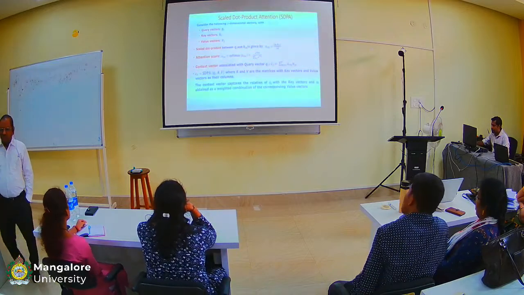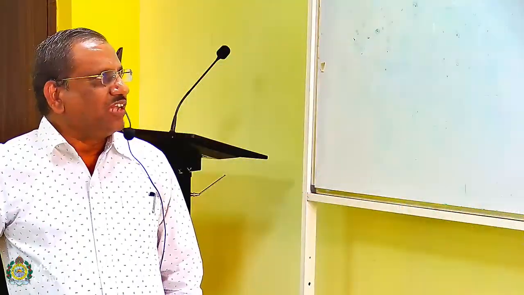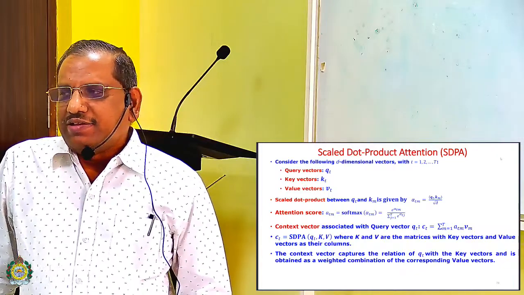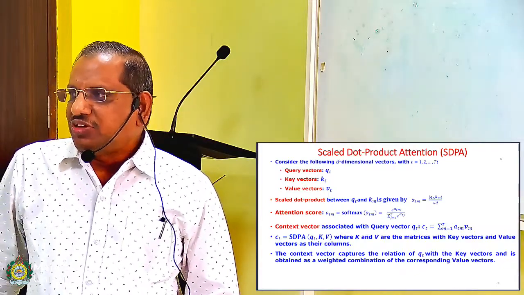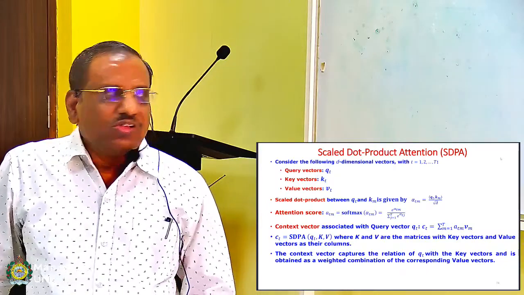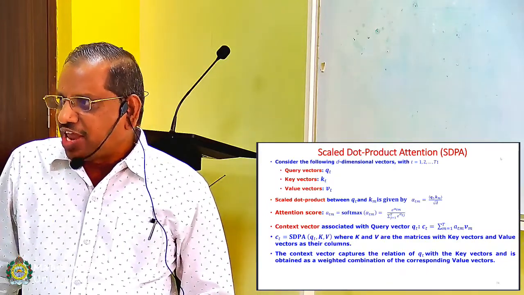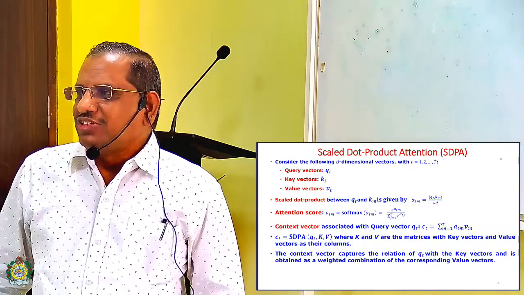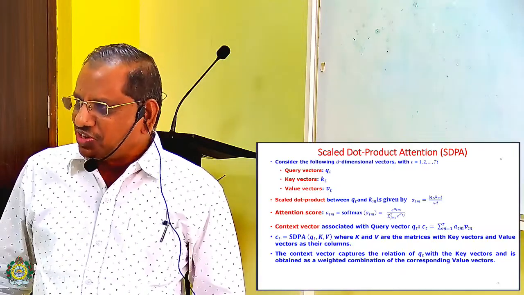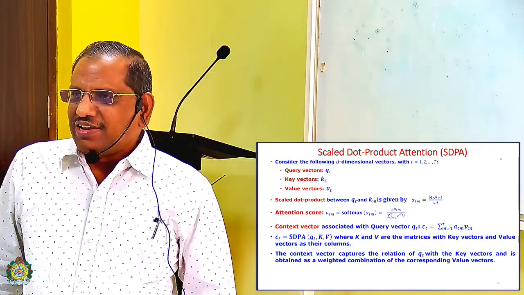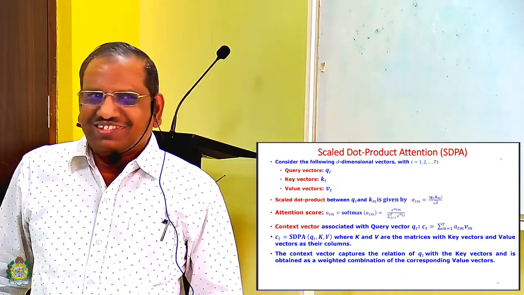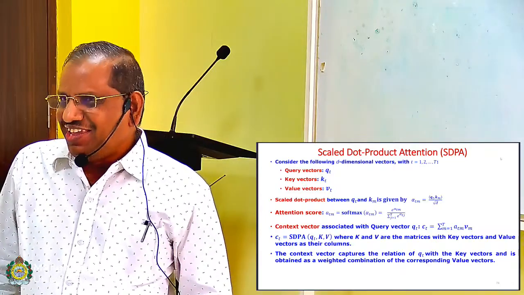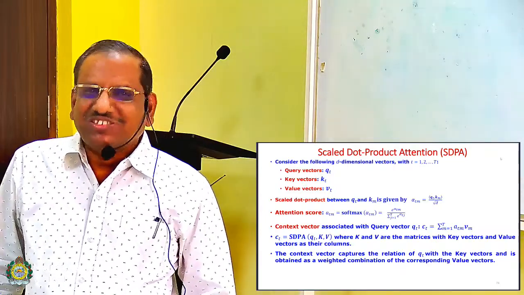So what does this give us? I have a word at time t, and I have a word at time m. I have the query representation of the word at time t, and the key representation of the word at time m. Now I want to see how similar they are. One way of capturing the similarity is by computing the dot product, and where the scale comes in, we are dividing the dot product by the square root of d, where d is the dimensionality of all these vectors.